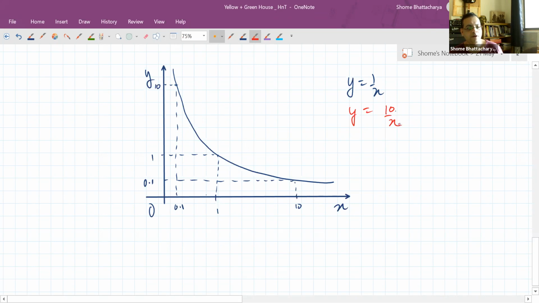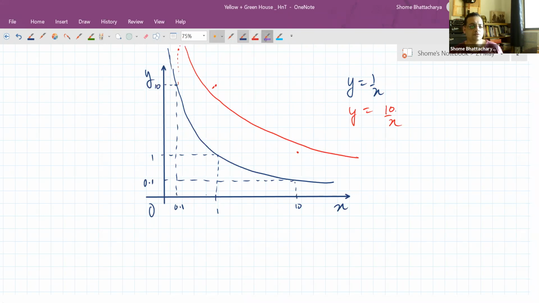So at the point 0.1, it has a value of 100, so it's much above. It should be much further above, somewhere here. Okay, then at the value 1, for example, its value is becoming 10. So it's somewhere here. At the value 10, its value is becoming 1. So it's somewhere here. So this graph in comparison will be something like this. They'll not be on paths that cross each other, but they'll just have different values and different kind of slopes.